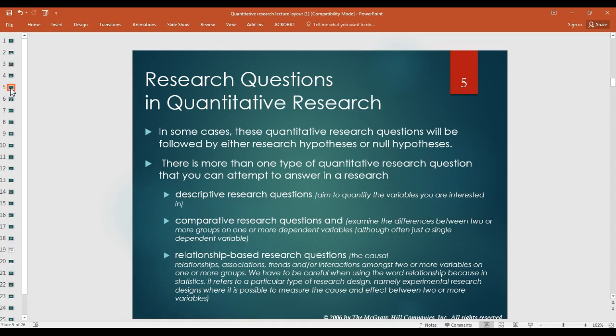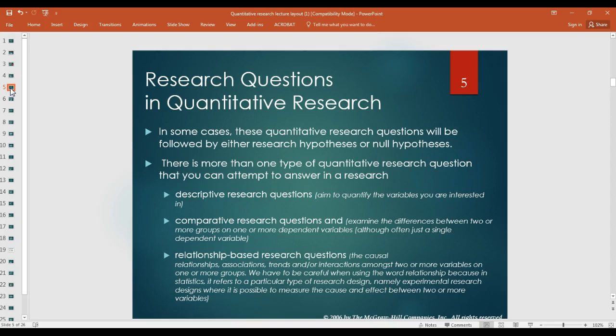So in quantitative research, we have 3 types of research questions that lead to the 3 types of research designs under quantitative. There are descriptive research questions, comparative research questions, and relationship-based research questions.